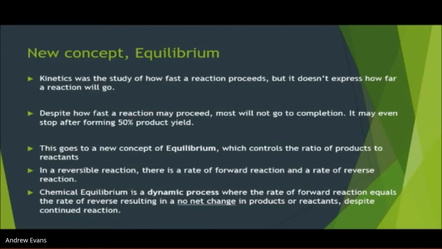The reaction never stops. But there is no net change. For every product formed, another product is consumed to go back to reactants. So the net change is essentially zero.